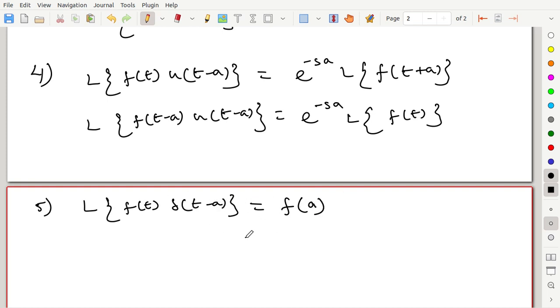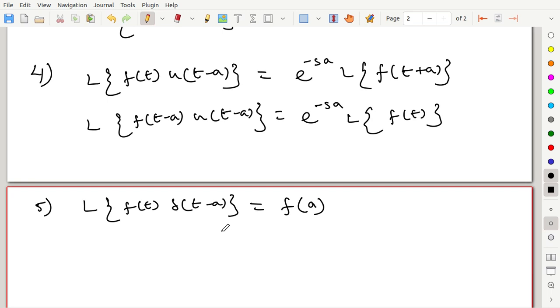With these properties we also need some standard results, so we can use these properties and standard results to solve problems. Let me write down some standard results of certain functions which we come across again and again.